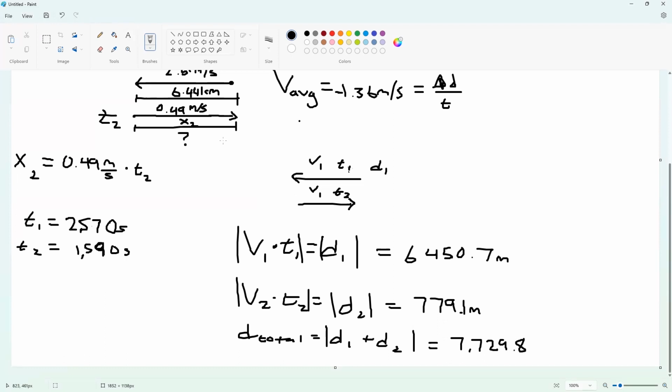It is positive. It can't be negative. It's just distance. How many significant figures are we going to have?